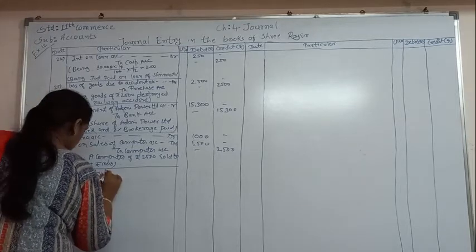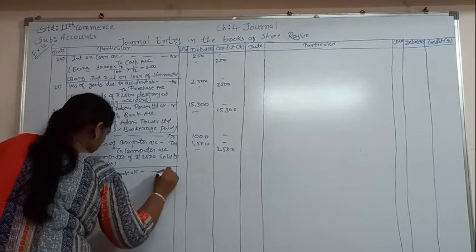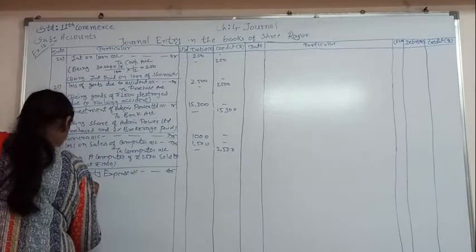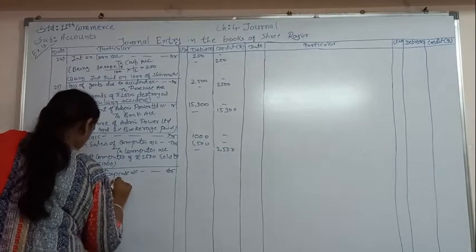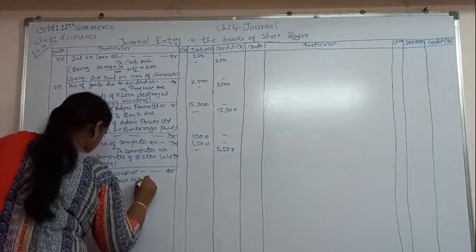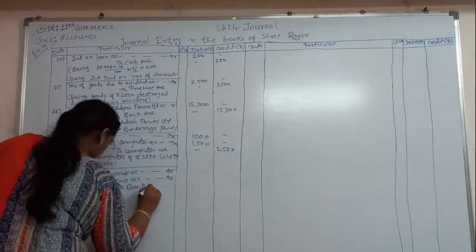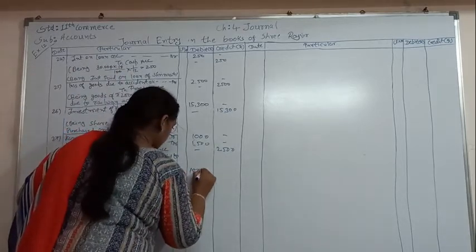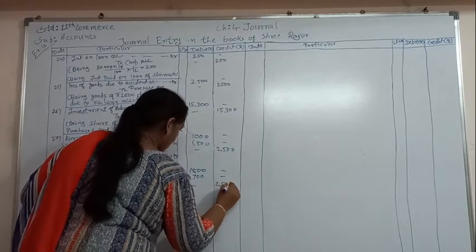Electricity expense account debit, then telephone bill expense account debit to bank account, and that will be 1800 and 700. So total will be 2500.